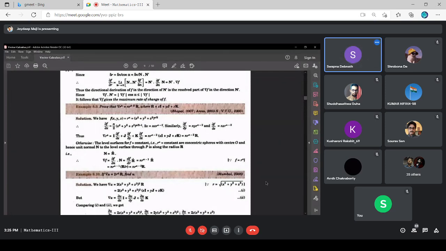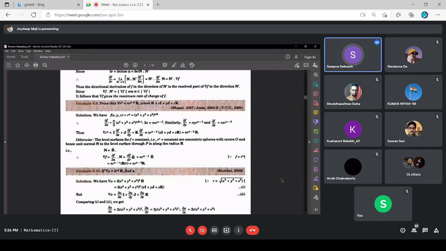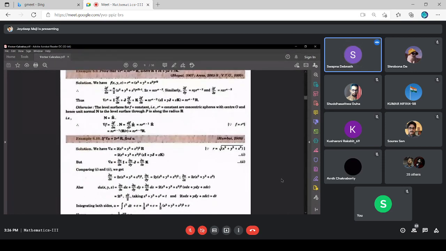Equating both, they have got ∂u/∂x, ∂u/∂y and ∂u/∂z, and integrating they have got u. This is simple. These are all worked out examples, just go through them so that you can solve any problem.